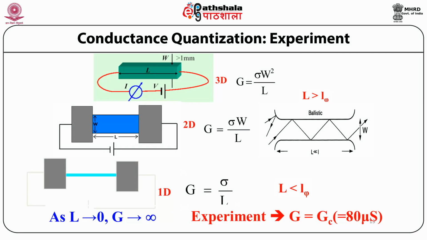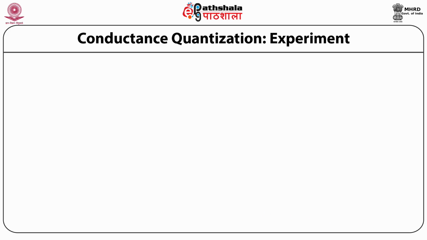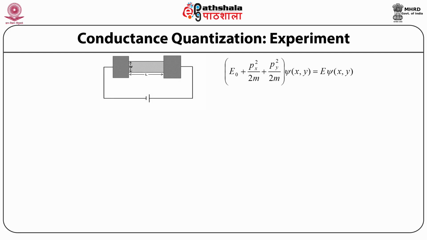Now, continuing our discussion over mesoscopic transport in 1D, let us solve the Schrödinger equation for a conductor in 2D. Then, the time-independent Schrödinger equation of a current carrying wire is given by (E0 plus px square by 2m plus py square by 2m) multiplied by psi(x,y) is equal to E psi(x,y).